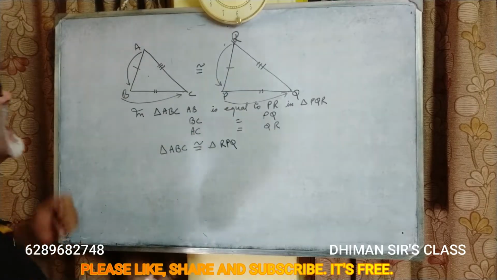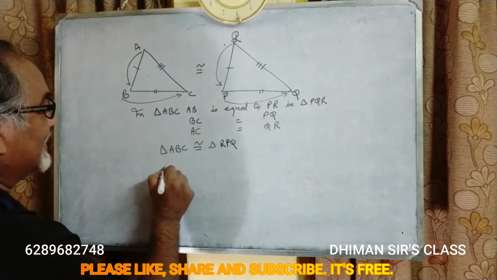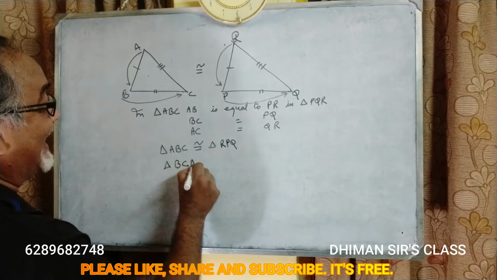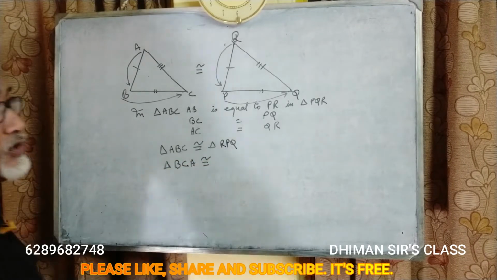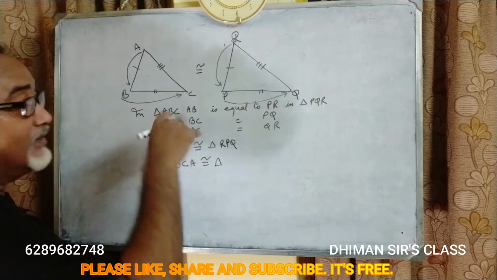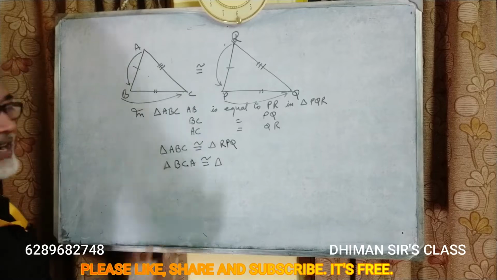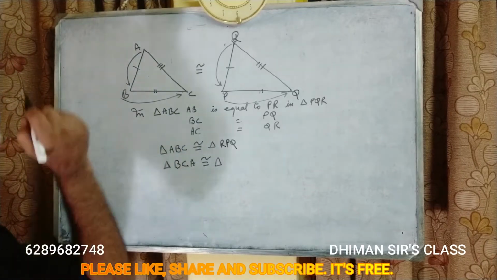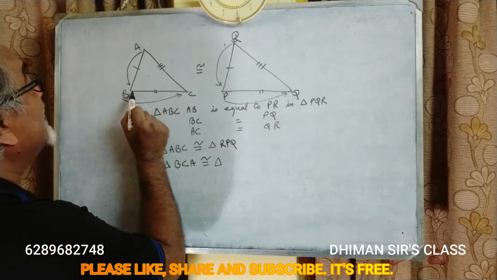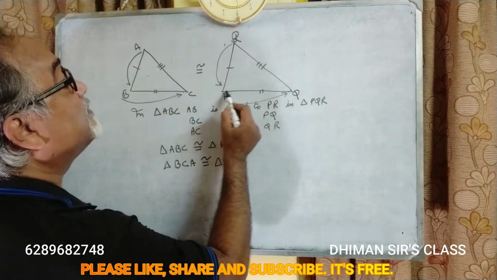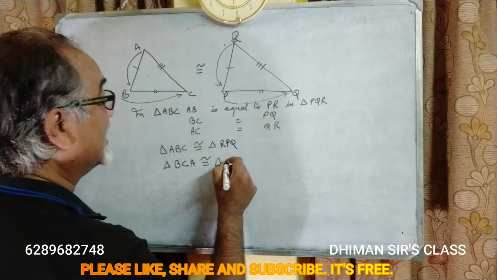Let us take another example. Suppose I say triangle BCA is congruent to, so you have to write the congruency of the second triangle on the basis of the sequence of the first triangle. See, it is written BCA. That means BC is corresponding to this side.